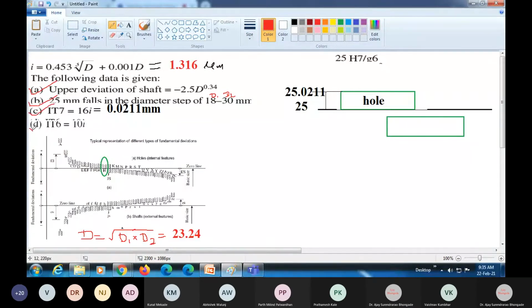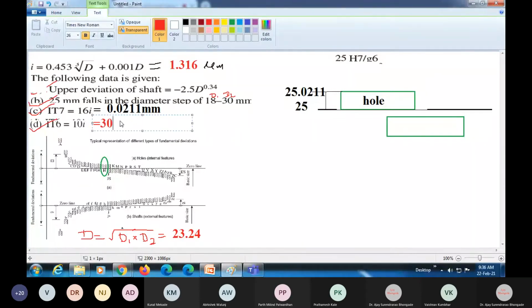Similarly, we can work out IT6. What is the value of IT6 now? 10 into I. Sorry, this first part is not done. Let us go for IT6. What is the value of IT6? 13.16.